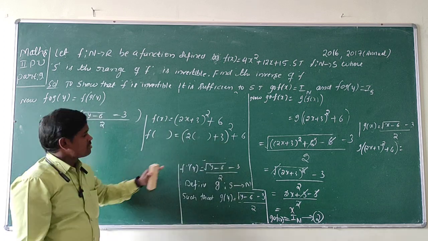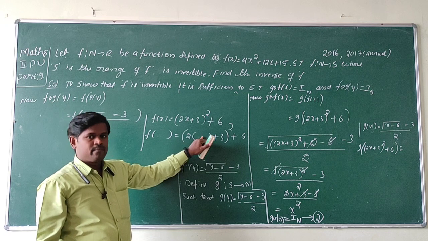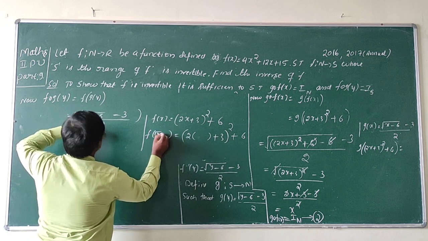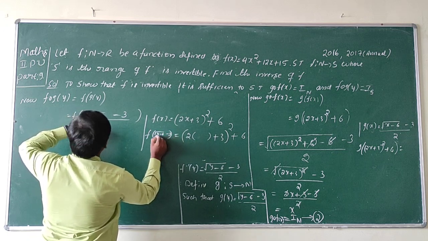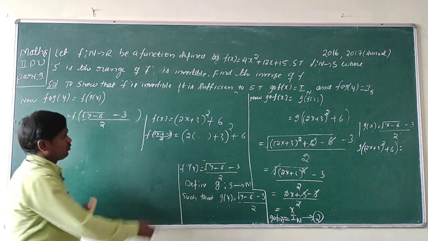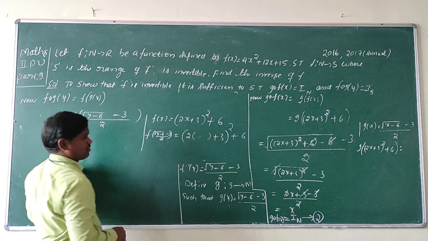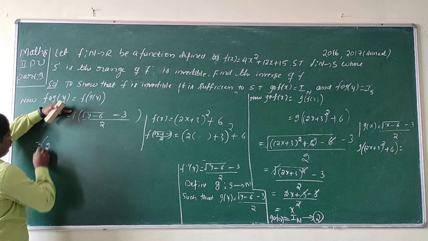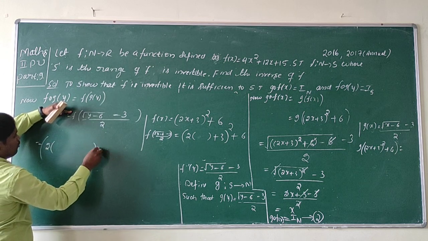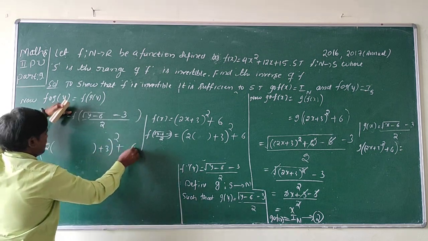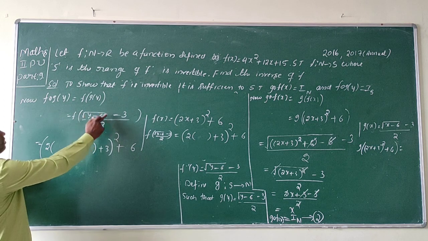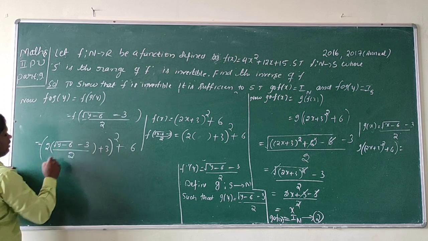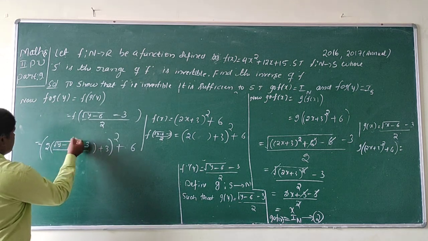Suppose here y is the input, then instead of x we put y. Here the input is root of y minus 6 minus 3 divided by 2. So we put this in this place. So now the equation becomes f of x is (2 into input plus 3) whole square plus 6. Therefore the input is (root of y minus 6 minus 3) divided by 2. Is it clear?